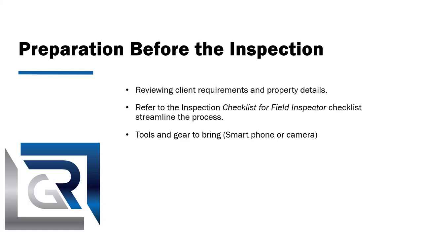Some inspections do not require you to make any coordination with the point of contact. Some inspections may be just a drive-by where you're documenting the property from the roadside. And in another presentation, we'll get into how you can exactly do that. But you want to make sure you've got your requirements. And most importantly, the address.